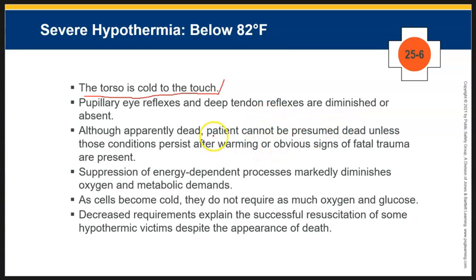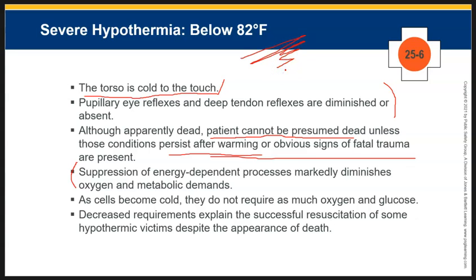But one of the things that we used to say was, we can't assume they're dead until they're warm and dead. When we're out in the cold environment, they may just be very depressed in terms of their heart rate, in terms of their responses. But we want to just kind of continue with the warming and understand that the energy dependent processes metabolically are going to slow down significantly at this extremely low temperature.